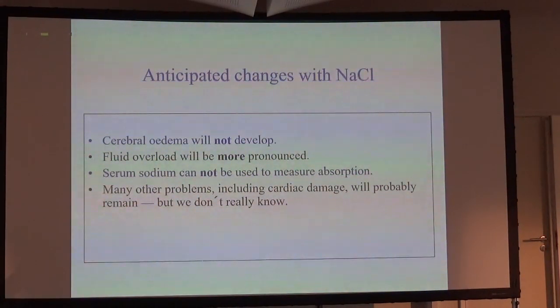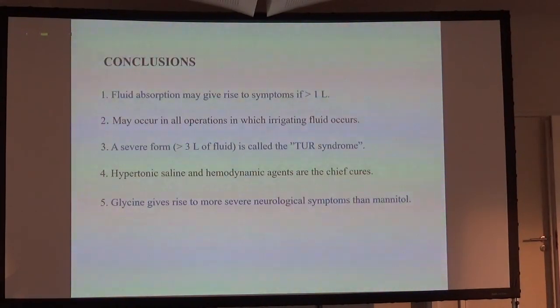But the other problems, cardiac damage, will probably remain, and the tissue injuries will still remain. But very little is done about this, so I can't tell more. It's only about 10 studies of these bipolar resection adverse effects that have been published so far. So it's very, very little.